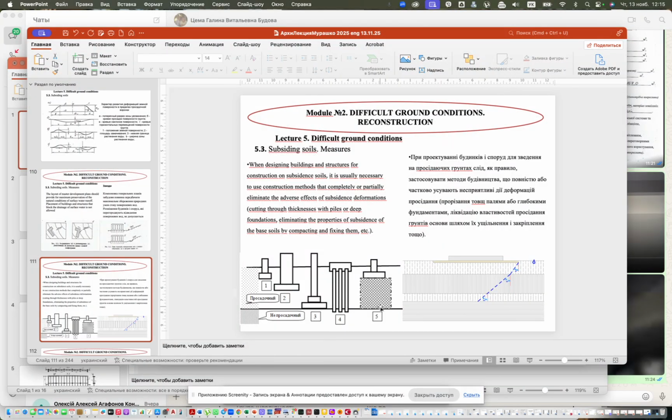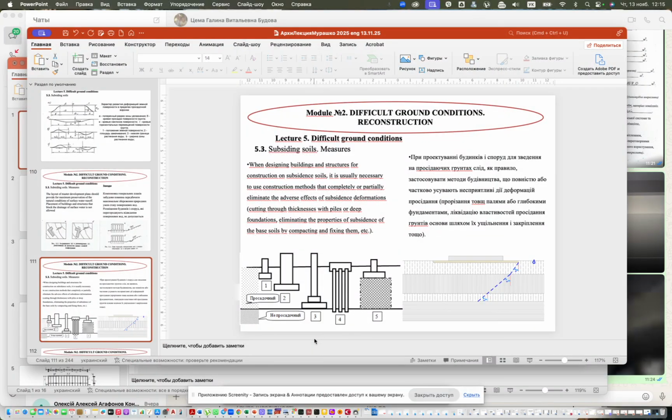So the situation is as follows: when we are designing in such a situation, we can either replace the ground, or protect our ground from subsidence, or support our foundation on unsubsiding soils. But sometimes we can build in a situation where it is impossible.